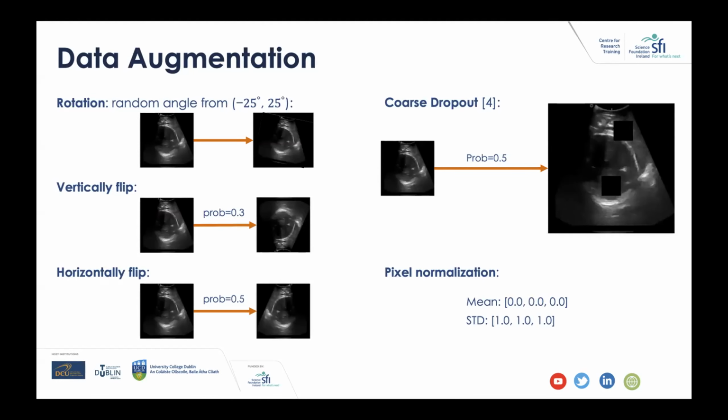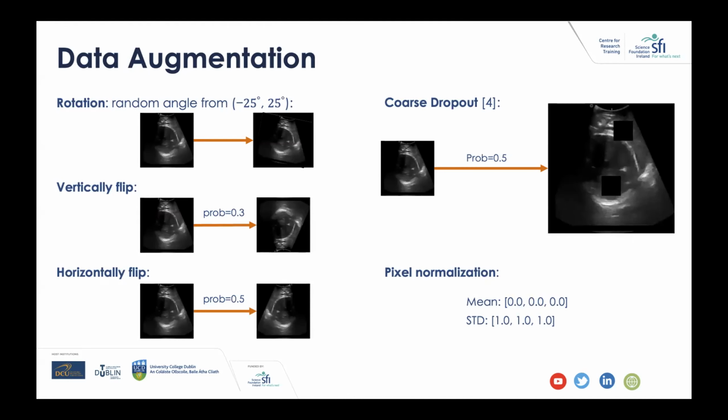Based on that, we randomly apply the data augmentation on single images. For example, for the vertical flip, we give it a probability of 0.3. That means before training, a single image will be vertically flipped with probability 0.3.